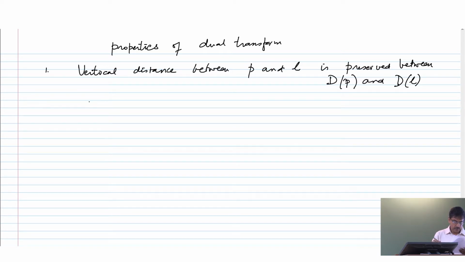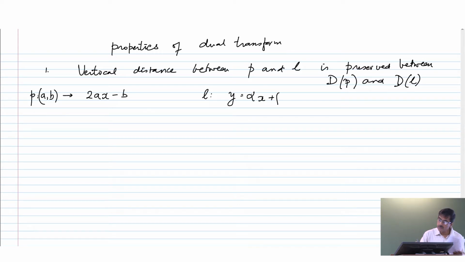So, again recall that P, (a, b), is mapped to y equal to 2ax minus b, and L, y equal to alpha x plus beta, is mapped to the point (alpha/2, minus beta).